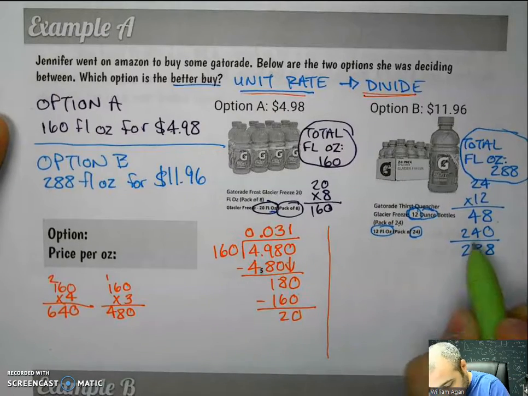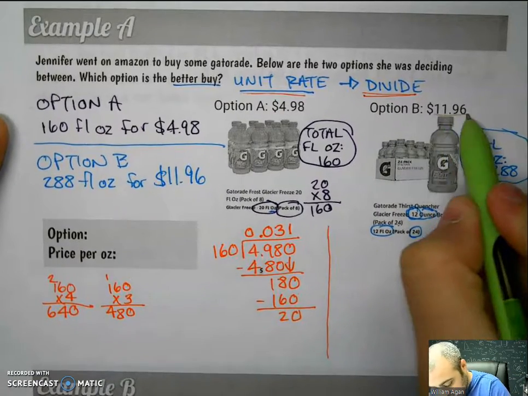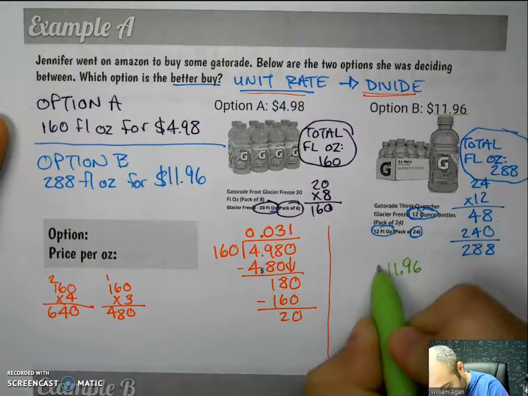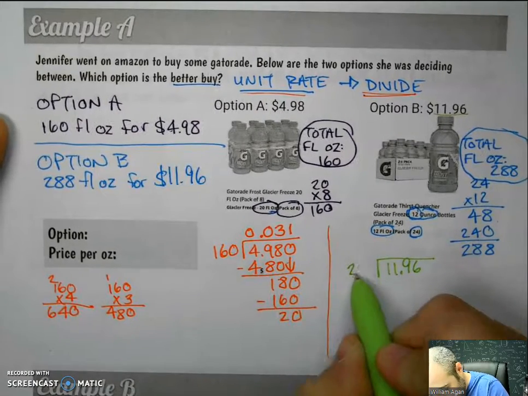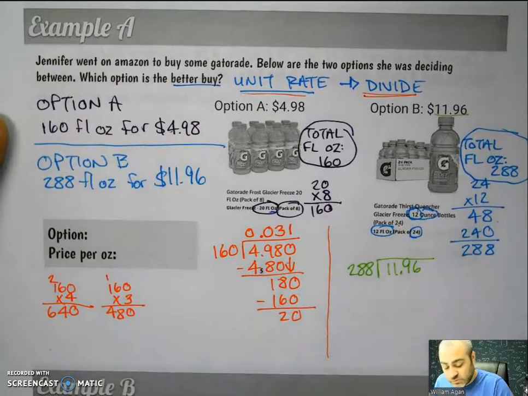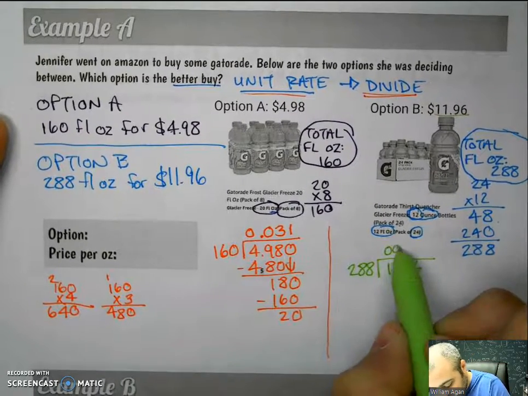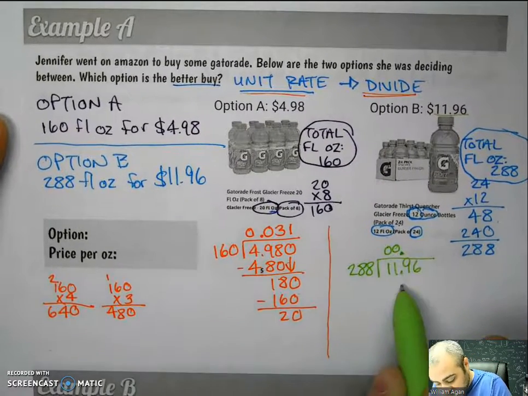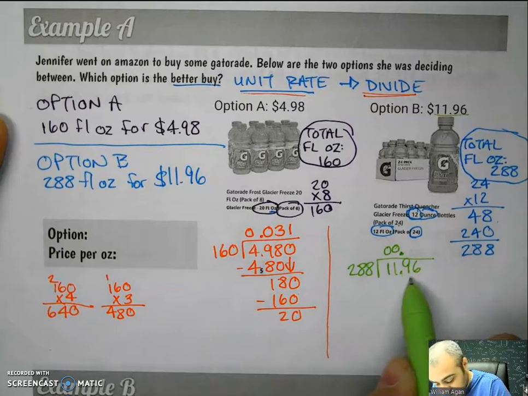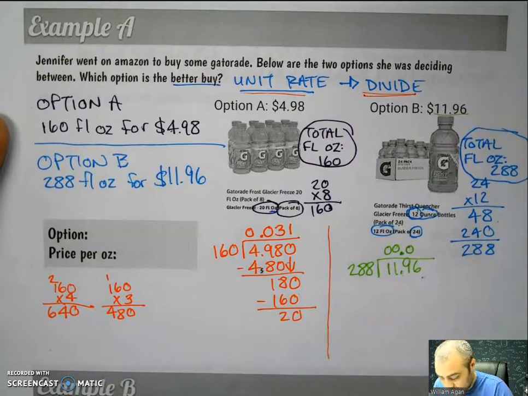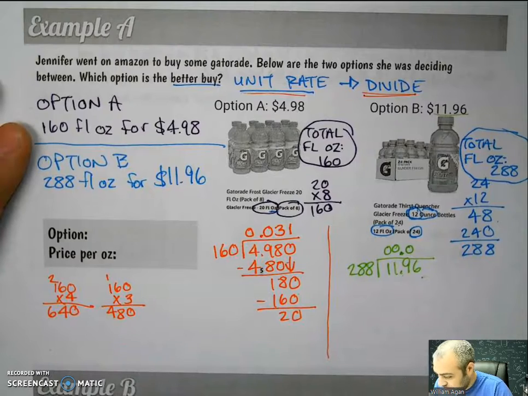Option B has, remember, money goes on the inside, so I have 11.96 divided by 288. Well, 288 will not go into 1, it will not go into 11, take my decimal straight up. It won't even go into 119, so I have to go to 1,196.